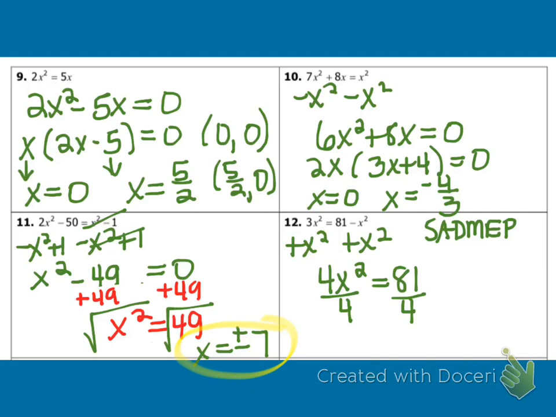And then now that the 4 is gone, we have that x squared. So now, to get x alone, we take the square root. Well, on this right-hand side, if I square root 81, I get 9. And if I square root 4, I get 2. And of course, there's always a positive and a negative version. So that would leave me with my two solutions of plus or minus 9/2.